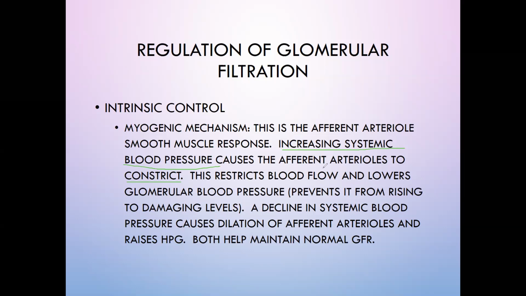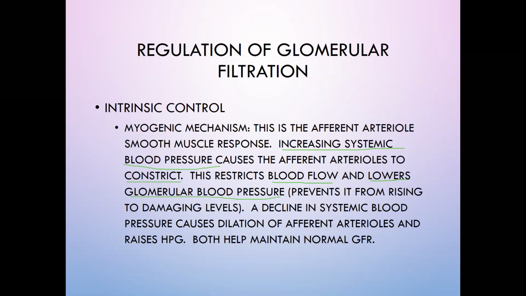No. Well, yes, it is, but that's not what we're after. We are after reducing flow, because remember, increased resistance, reduced flow. If the pressure is too high, I'm going to have too much blood being delivered to the afferent arteriole. So I want to restrict flow and lower glomerular blood pressure. Okay, prevents it from rising to damaging levels.